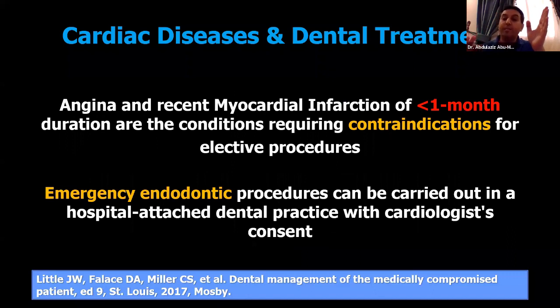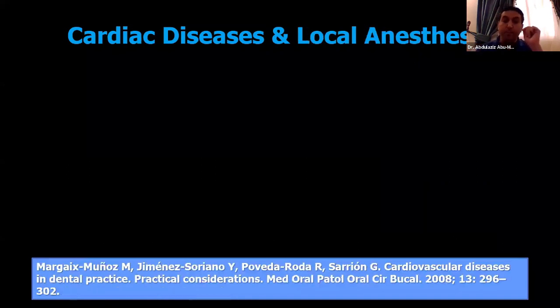Above 3 till 6, we are in a good condition, and we can go to the first slide where we need the INR and check the medication and how this patient can tolerate our treatment. So below 1 month, that's risky. Above 1 month to 3 months, acceptable, but you need to consult with his physician. Above 6 months, you can deal with him as a regular patient. You can go with the INR, check his medication, and do the treatment.